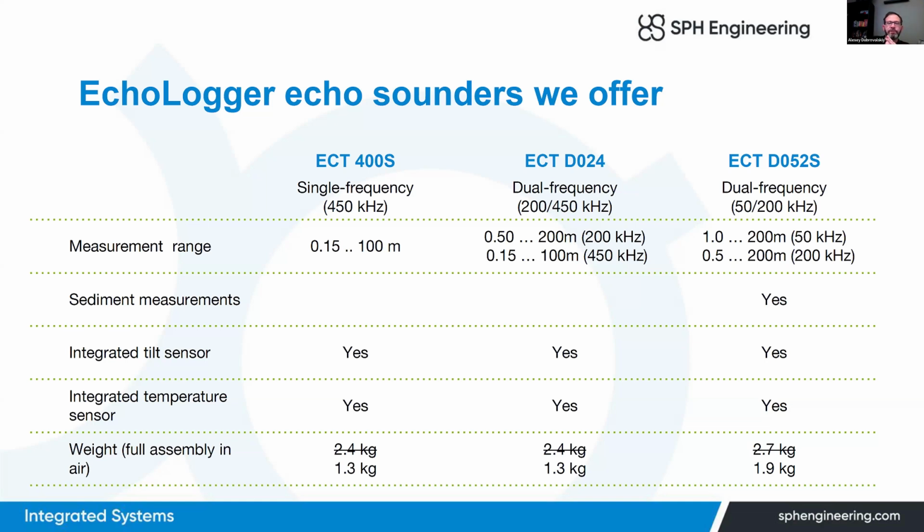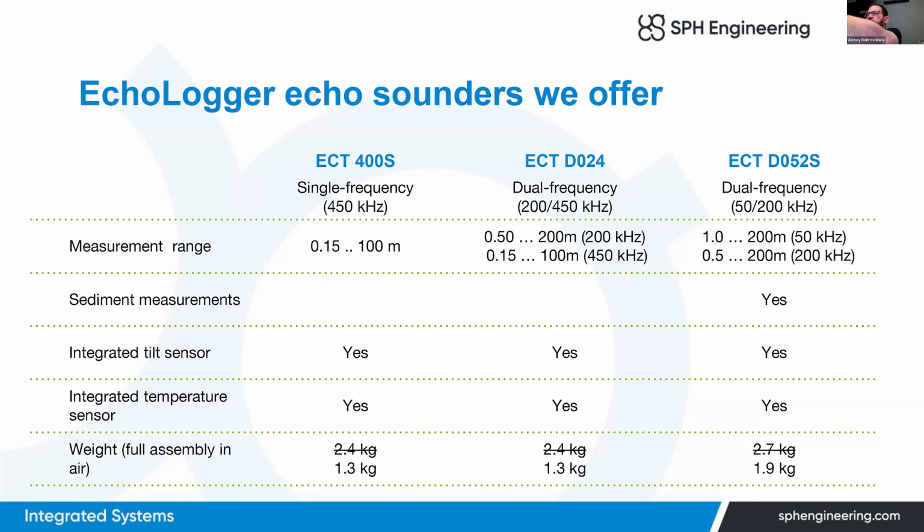They have different maximum depths, but 100 meters is more than enough for all typical applications of our systems. Actually, the deepest data collected using our system was around 80 meters. One model can be used for sediment measurements. All models have tilt and roll sensors, which is very important for drone-borne applications because the sensor is suspended under the drone using a cable.